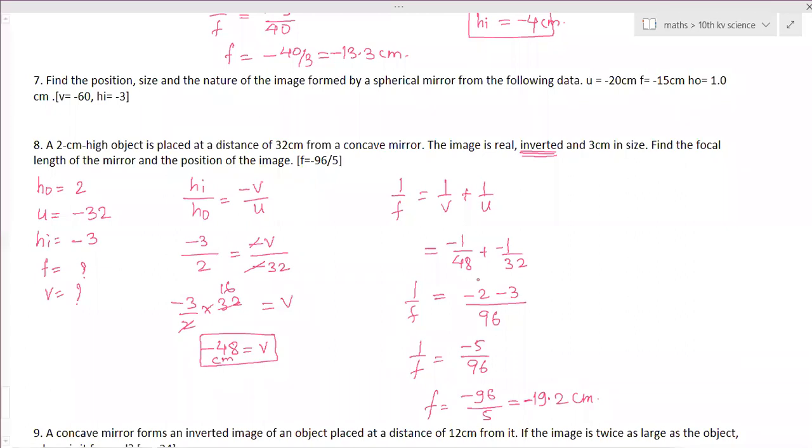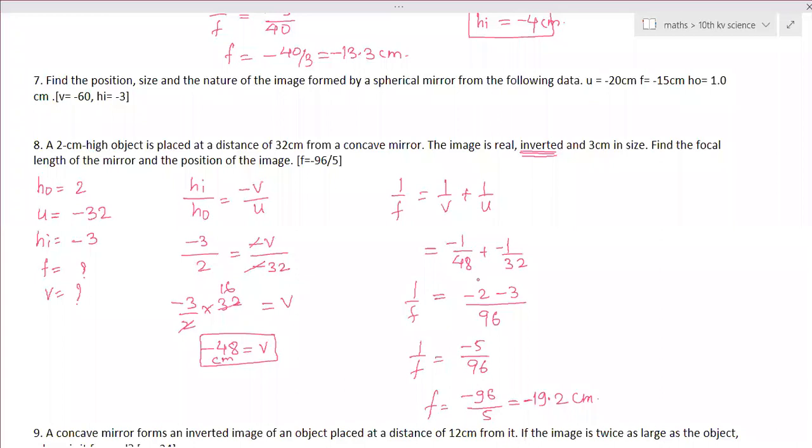Ma'am, for the previous question, they've asked position, size, and nature. Earlier one. Yeah. Position, size and nature. Position is minus 60, that is 60 centimeter in front of the mirror. Size is 3 centimeter. And nature is V is minus, that means it is a real image.